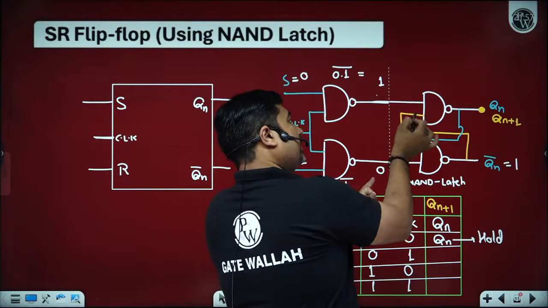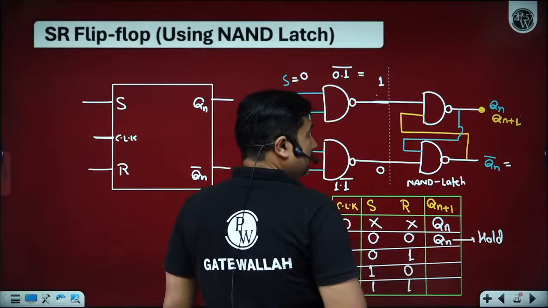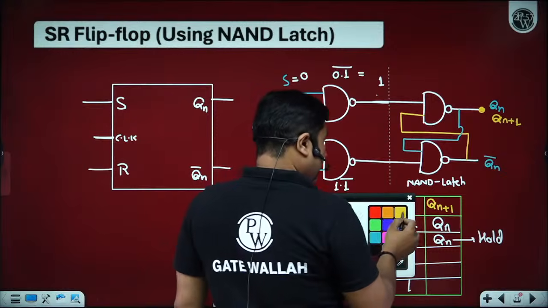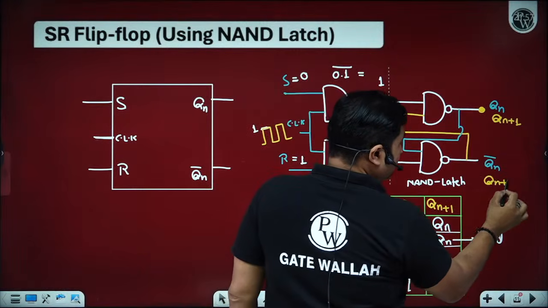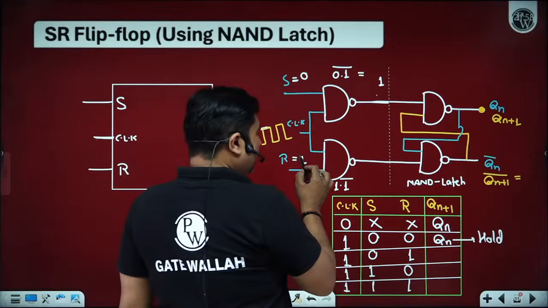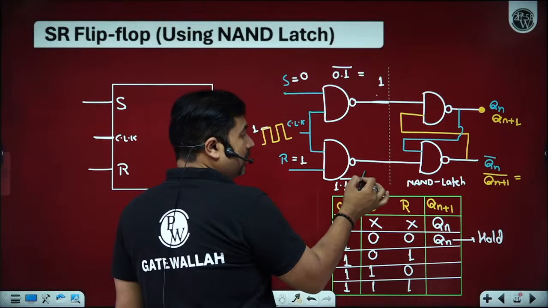Now 1 will come here. 1 into 1, its complement will become 0. Let me show you once again. With 1 into 1, clock is high, R is high, so 1 into 1 complement is 0.